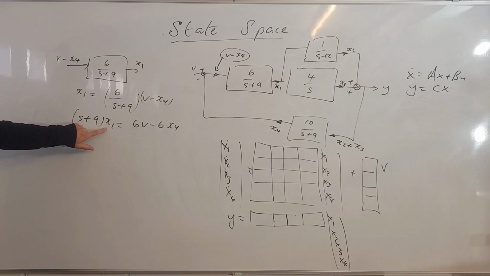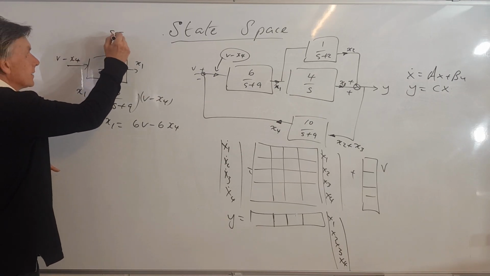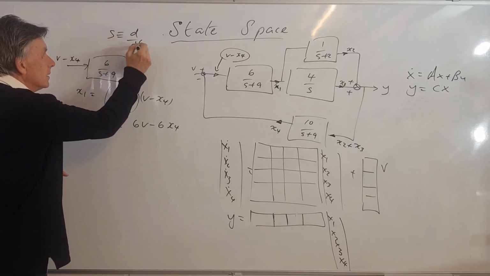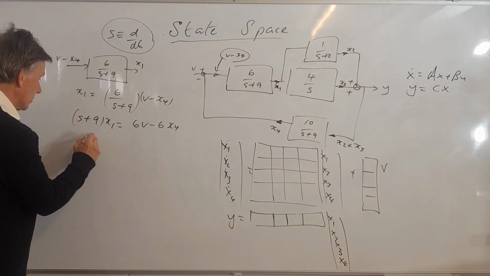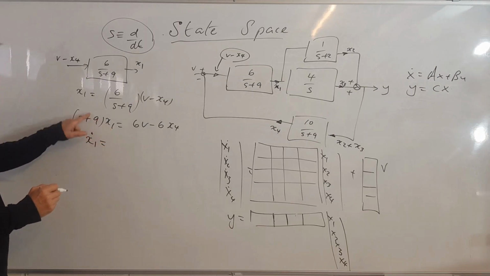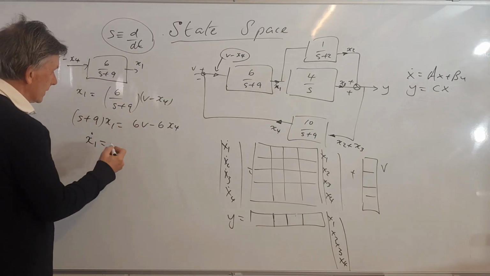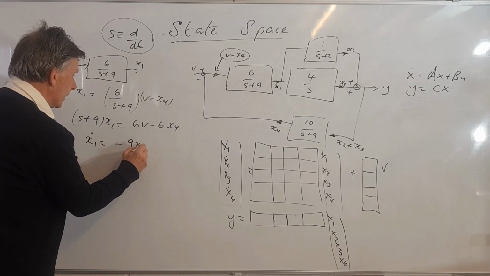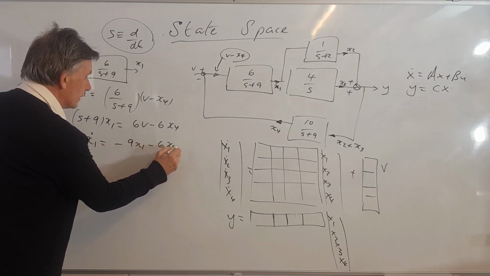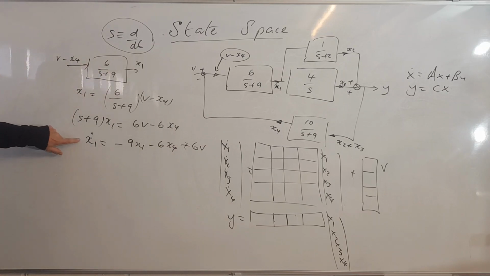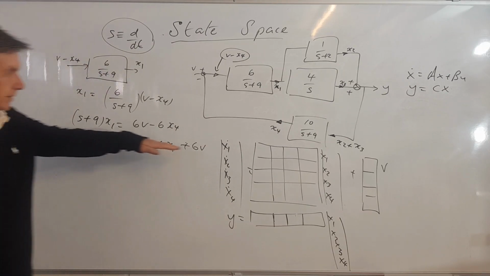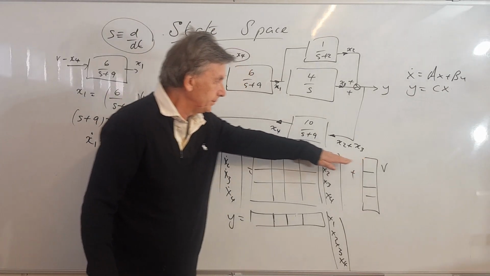Now s represents d by dt. That's the trick here. So s times x1 is x1 dot. So you get x1 dot, then 9x1 on the other side becomes minus 9x1, so it's minus 9x1 minus 6x4 plus 6V. So this is now our first little equation, and this goes on the first line here.